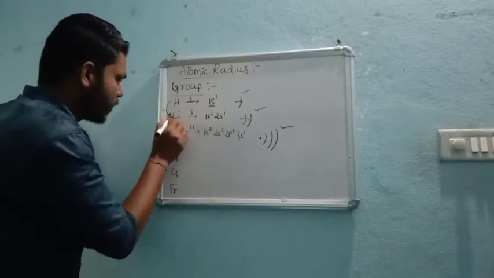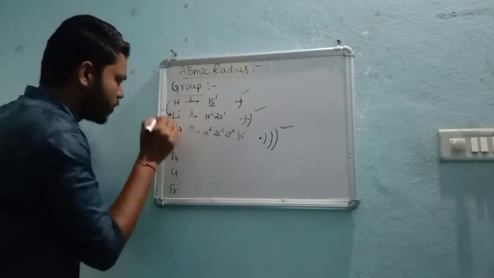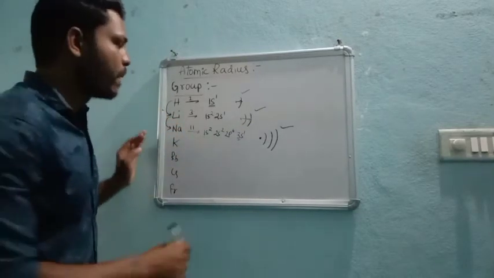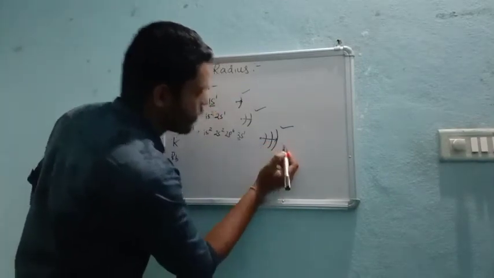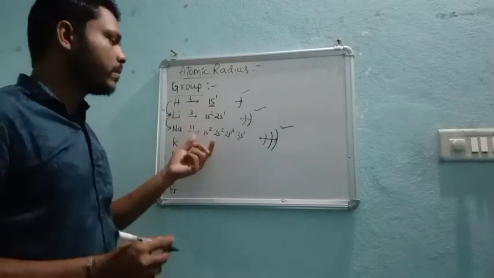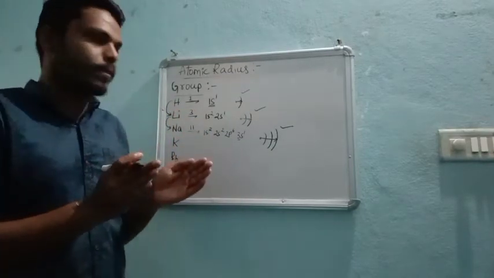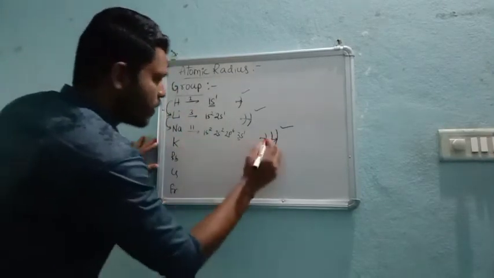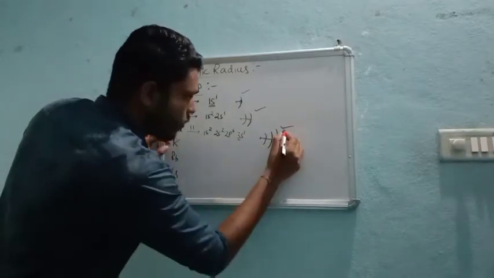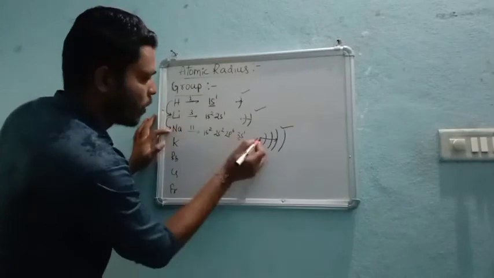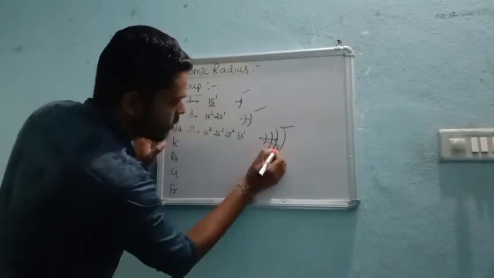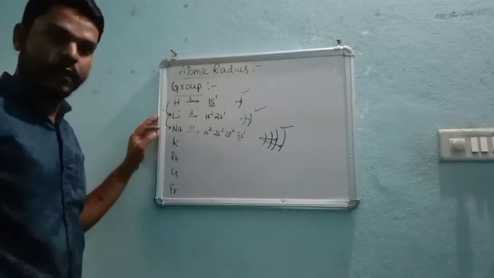Again, if I come down to sodium in the same group, as compared to lithium, again the size is increasing. In the same way, in potassium we have the fourth shell. This is the sodium size, and now the potassium size is this much.